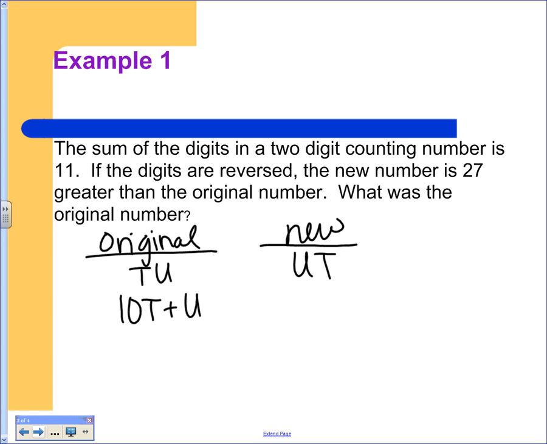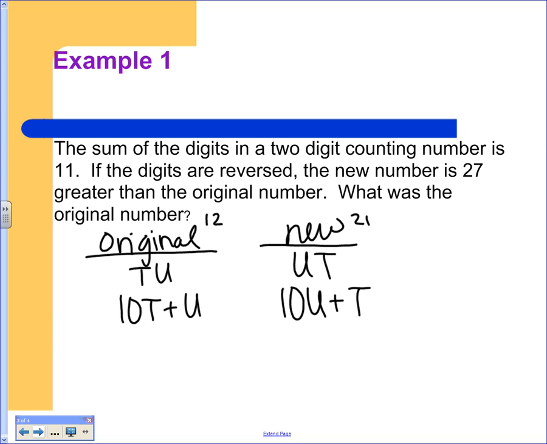So if it was 12, what would be the new number? 21. Right? Now how do we make our equation from here? 10u, because it's in the tens place, plus t, because it's in the units place.